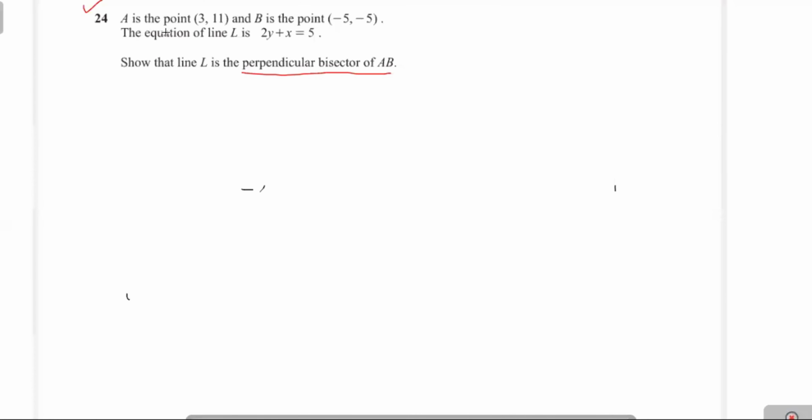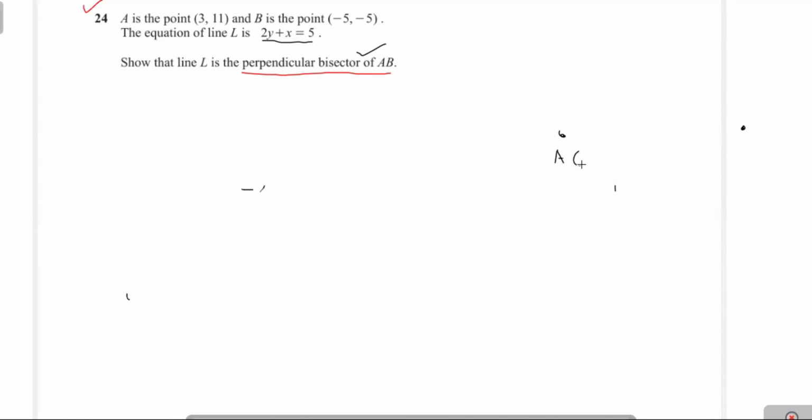Question 24. A is (3, 11), B is (-5, -5). The equation of line L is 2y plus x equal to 5. Show that line L is the perpendicular bisector of AB. We have to find the equation of the line of the perpendicular bisector of AB. We suppose that these are two points of AB.